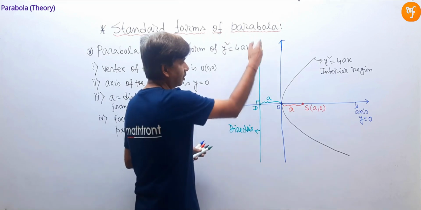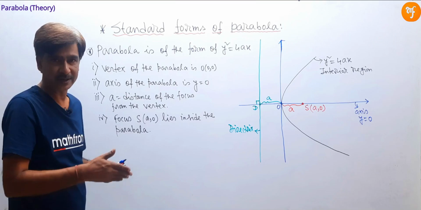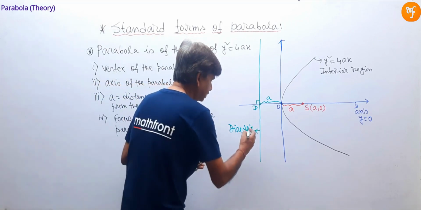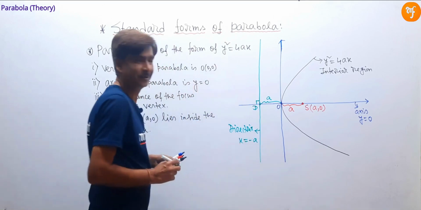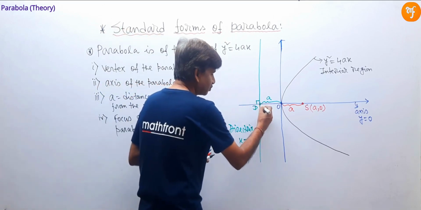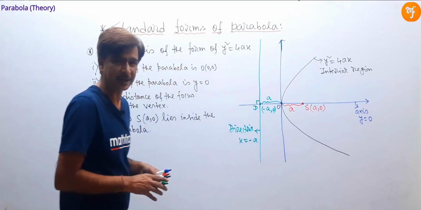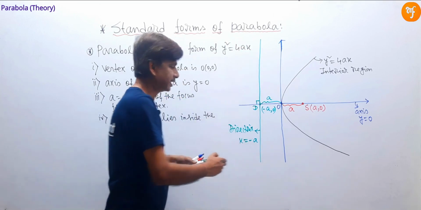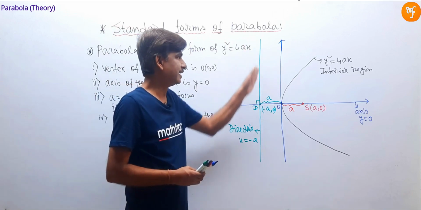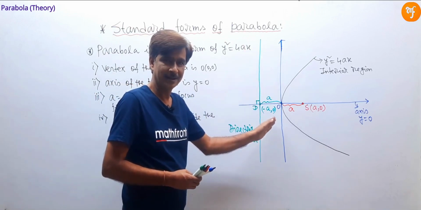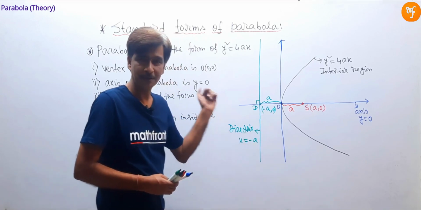As directrix of this parabola y square is equal to 4ax is nothing but parallel to y-axis, its equation will be x is equal to minus a, because the point D has coordinate minus a comma 0. We know equation of any line parallel to y-axis and passing through the point minus a comma 0 must have equation x is equal to minus a.